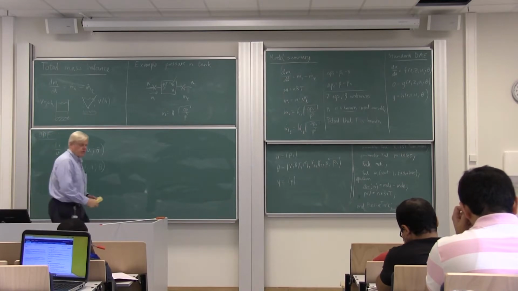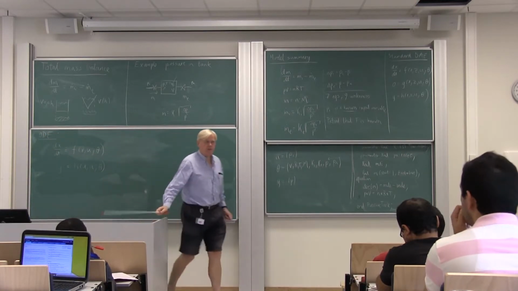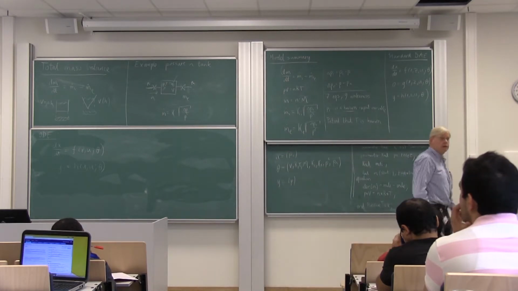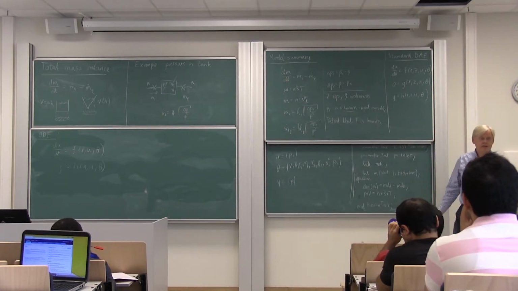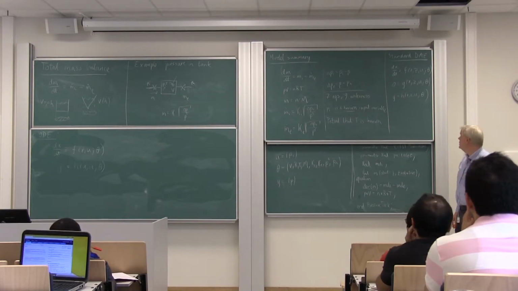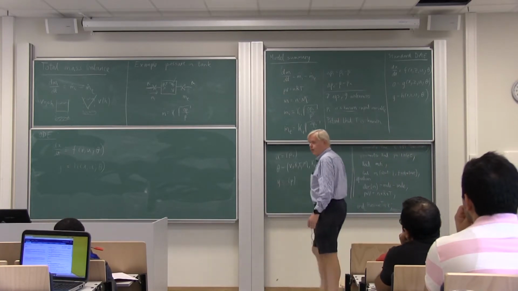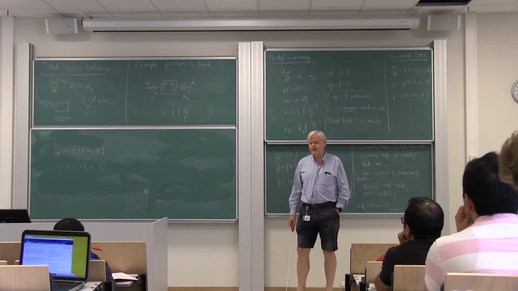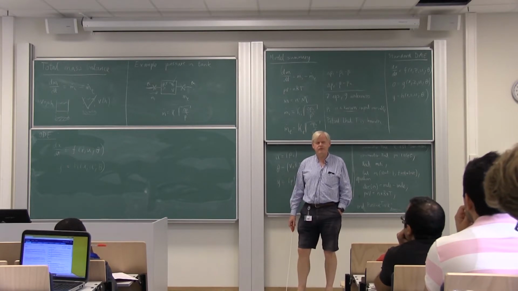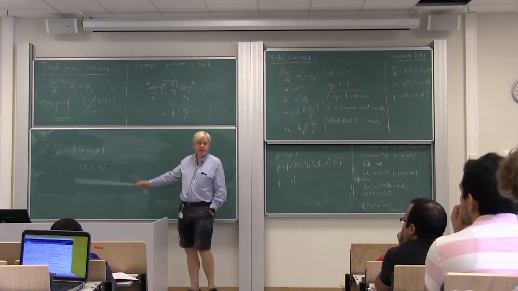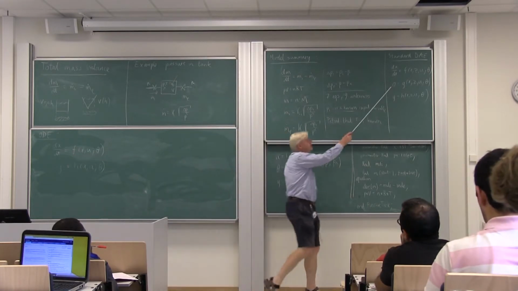A generic or general DAE has this form. Notice the difference. In the ODE there is no z, which I use as the symbol for the algebraic variable. Okay? There are a couple of things more to notice. One is that the f here obviously is not the same f as here.